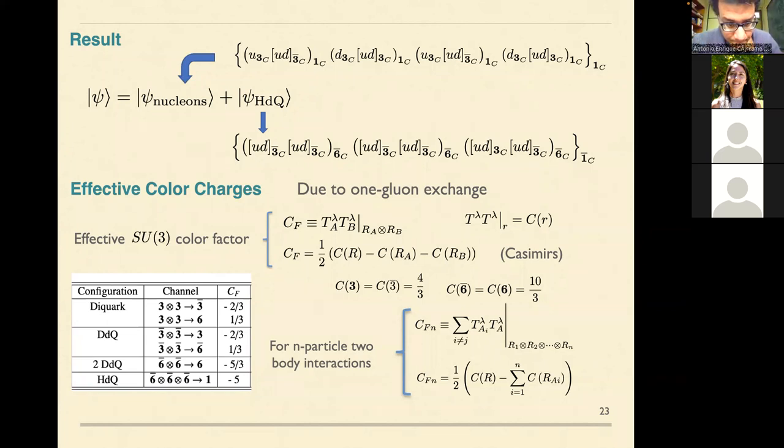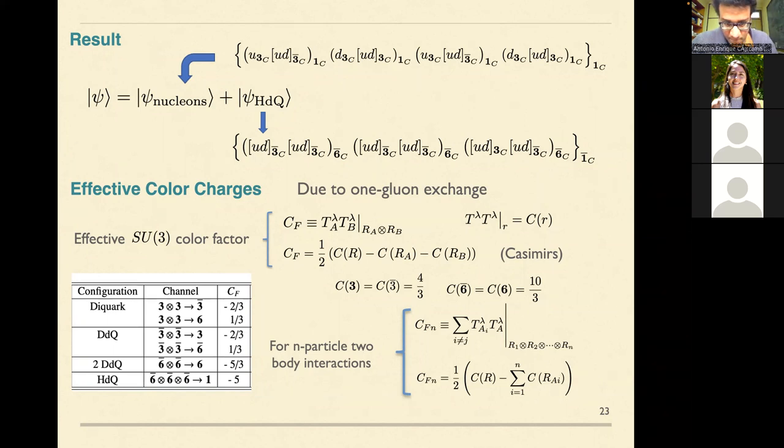The color factor is given there. It can be calculated, and in terms of Casimirs it is given in the second formula there. When you are composing something, it is the Casimir of the components and the Casimir of the result.